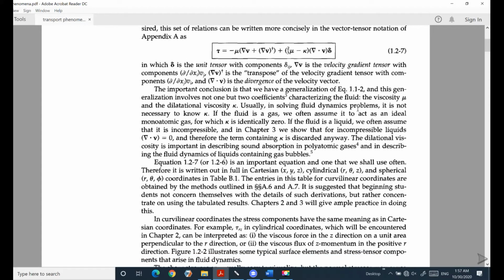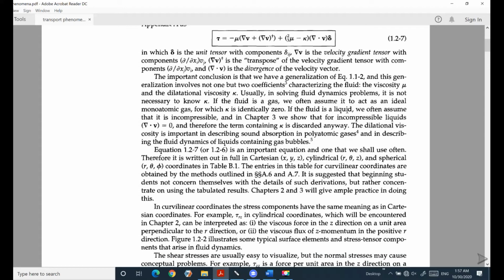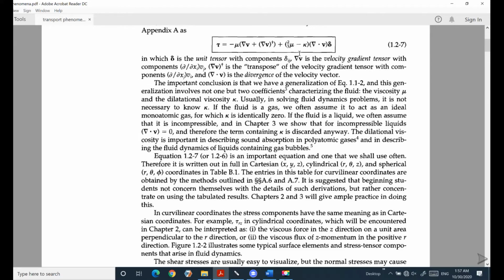Usually in solving fluid dynamics problems, it's not necessary to know this term, because if the fluid is gas, we often assume it to act as an ideal monoatomic gas for which K is identical to 0. If the fluid is liquid, we often assume that it is incompressible, and in chapter 3 we show that for incompressible liquids this term gives 0, this cancels.